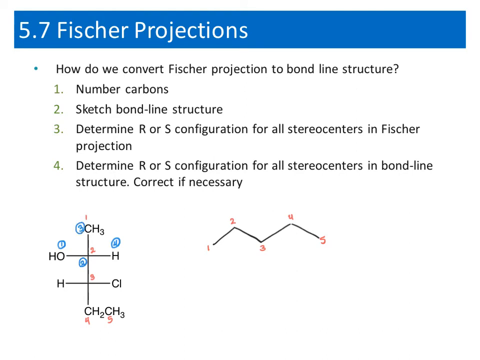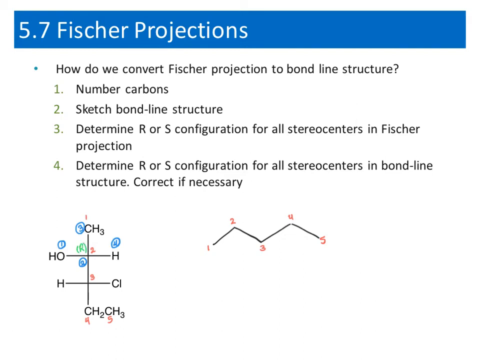Now let's count: 1, 2, 3. So I am rotating counterclockwise, which means I have S configuration here. However, hydrogen, my lowest priority, is on a horizontal line, meaning that it is pointing towards me. Therefore, I need to flip the configuration. So this is R.